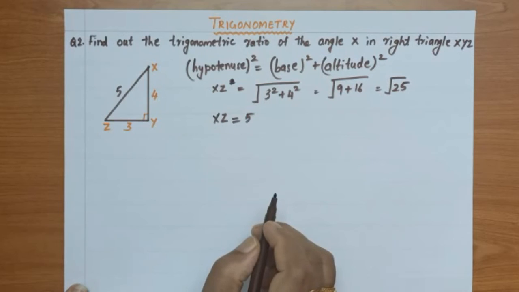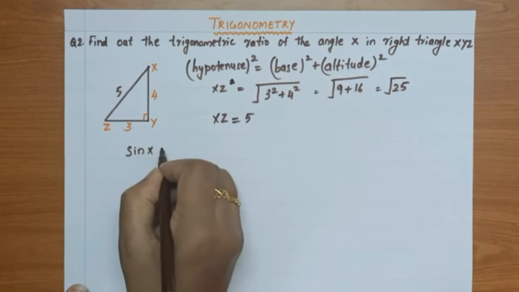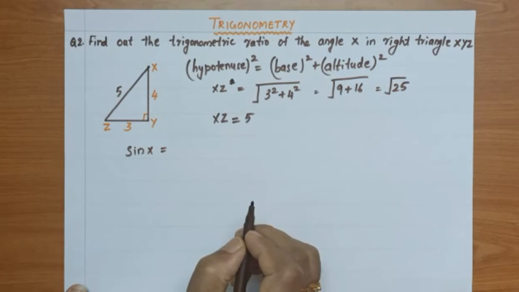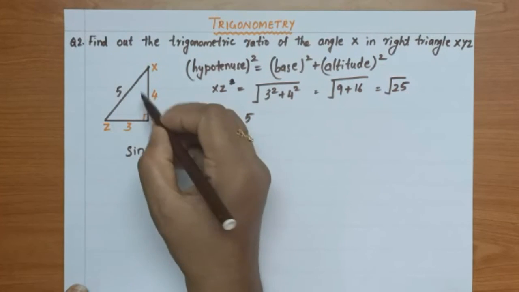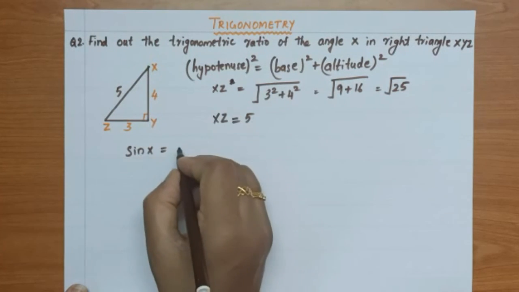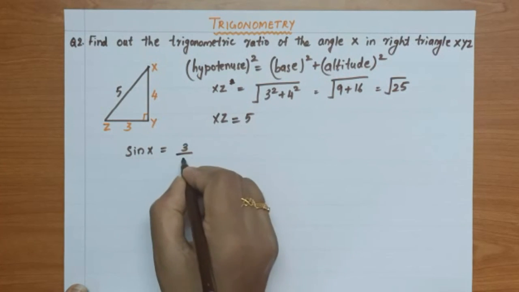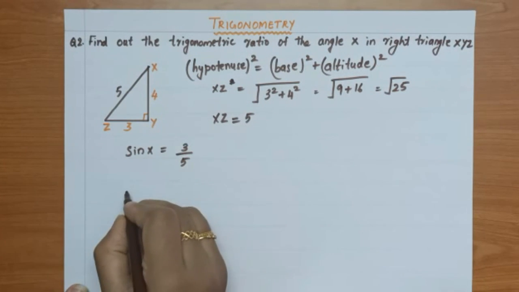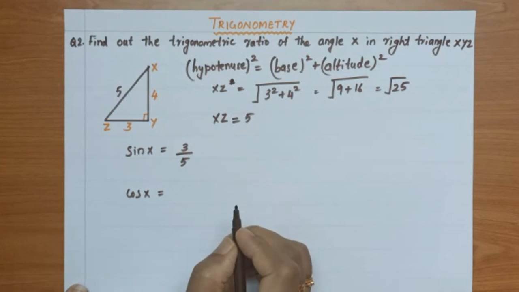Now, we can find out the trigonometric ratios, that is sin X. Sin X equal to opposite side by hypotenuse. Here ZY is opposite to X. So, the opposite side is 3 by hypotenuse 5. Then cos X. Cos X means adjacent side by hypotenuse.